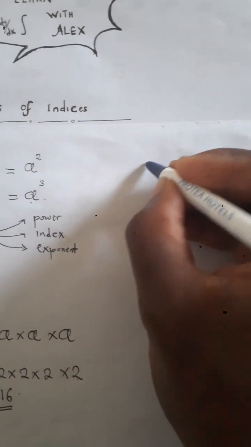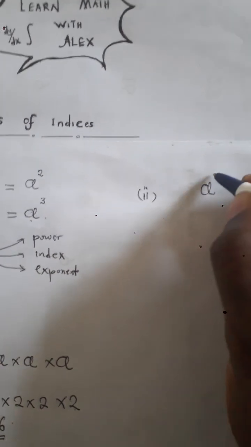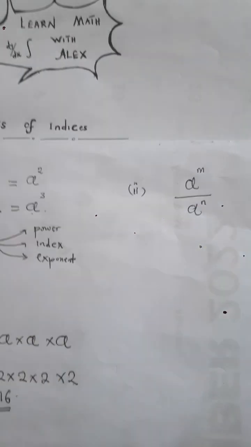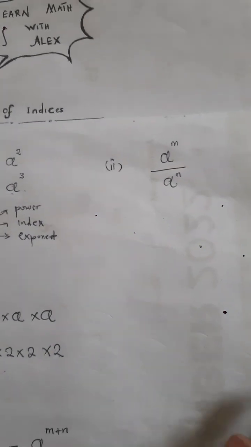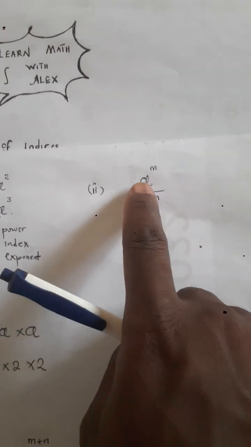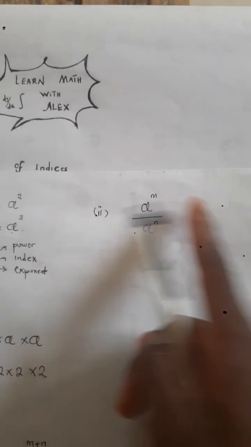Okay, so let's move to our second law. Let's say this time you're dividing a to the power m over a to the power n. What happens when you're dividing numbers of the same base? The base is a in the numerator and a in the denominator, but the powers are different.